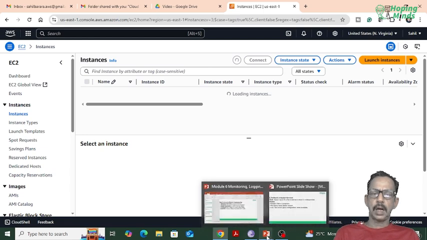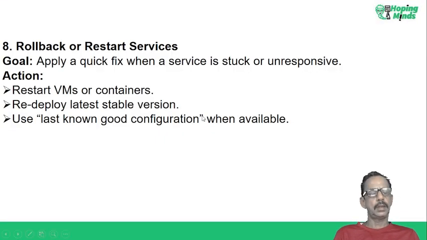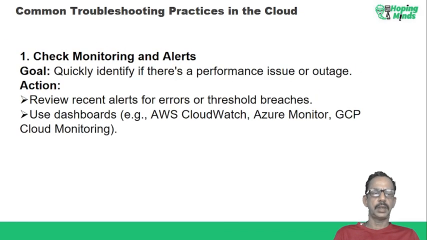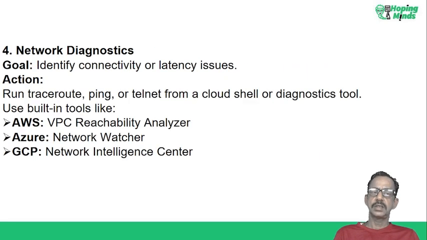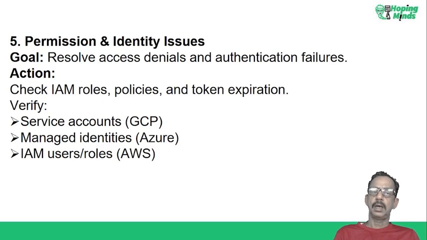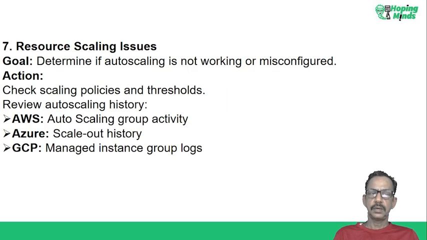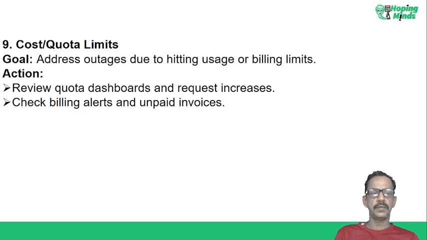I think not all, because you learn troubleshooting with experience, but still I have told you all the steps for perfect troubleshooting. First monitoring and alerts, then log review, resource status, network diagnostics, permission and identity issues, then dependency failure, resource scaling issue, rollback and restart, and all this we have discussed.